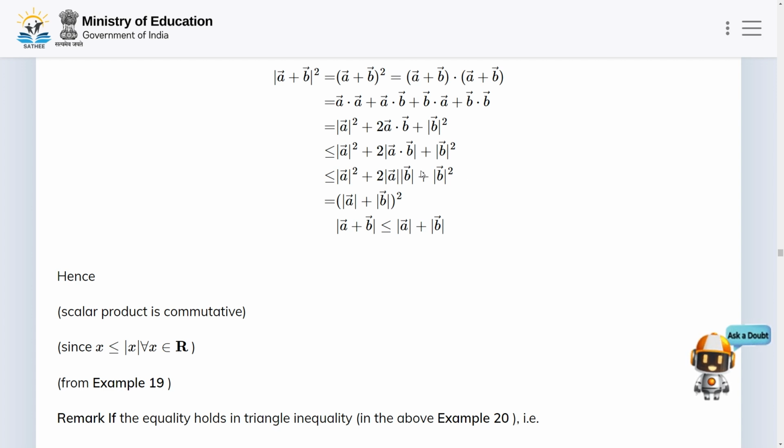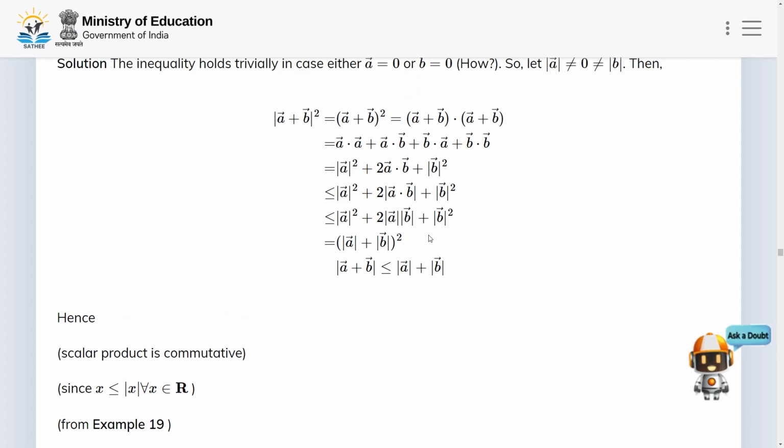So you will have this, and this is nothing but magnitude of a plus magnitude of b, whole square. As both sides have a square, you apply the root, and you will get the inequality: the length or magnitude of the vector a plus b is less than or equal to magnitude of a plus magnitude of b.